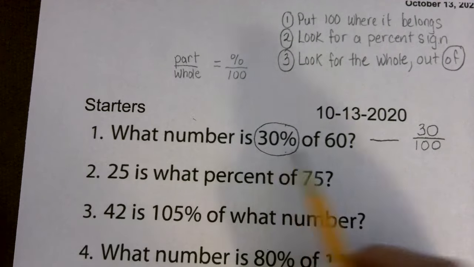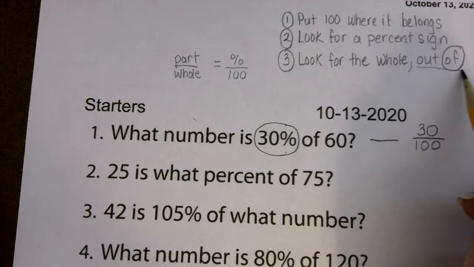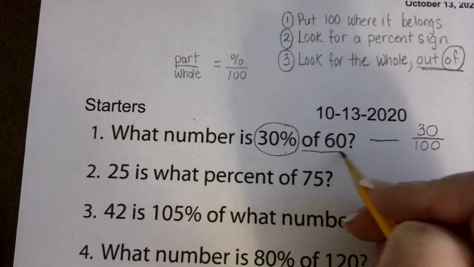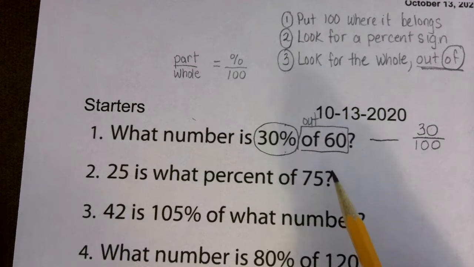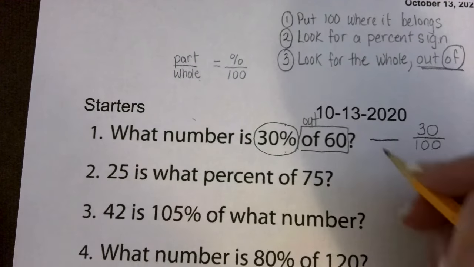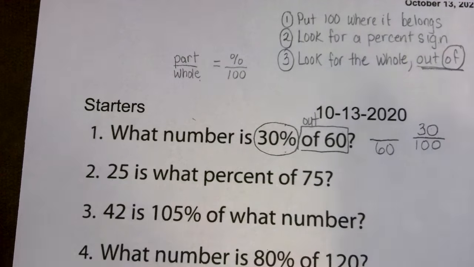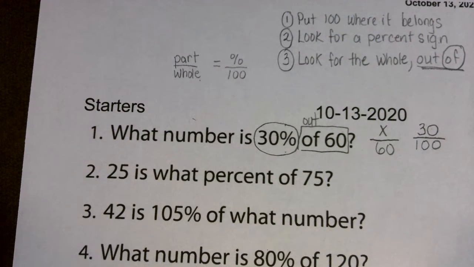Because 30% as a fraction is equal to 30 over 100, that's what the right side of the proportion is. Then I'm going to look for the word of, because that tells me out of, and that's giving me the whole thing. So in this problem, it says of 60, which means out of 60, which means 60 is the whole thing. So that's going where the whole goes, here on the bottom left. And that means that I'm actually looking for the part that's 30%.